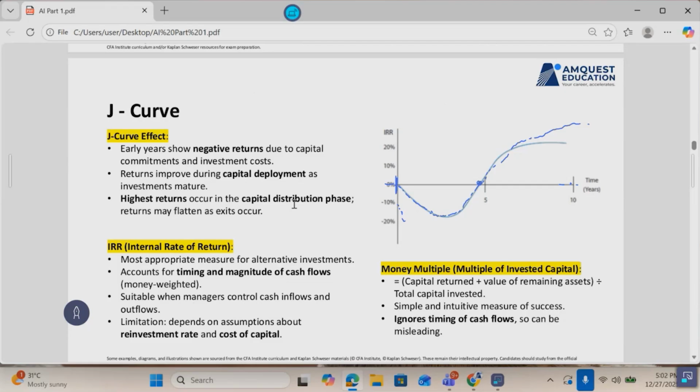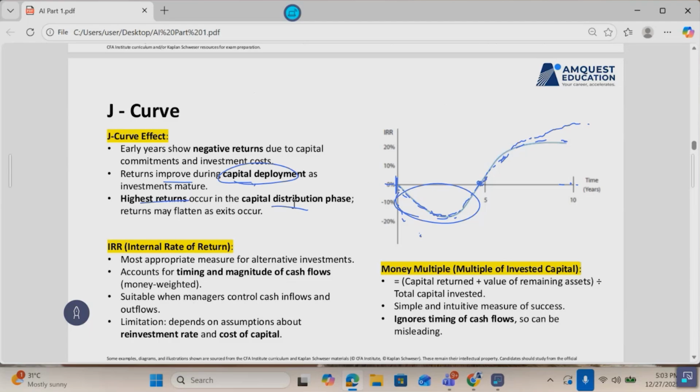Then it picked up, then it consolidated, then it went up, boom, boom, boom, and then it went to IPO, and the people made money. So every such investor will always have the initial loss and then the pickup, break even, profit, and this is called the J curve. Returns improve in the deployment stage, and obviously they occur more in the capital distribution phase.